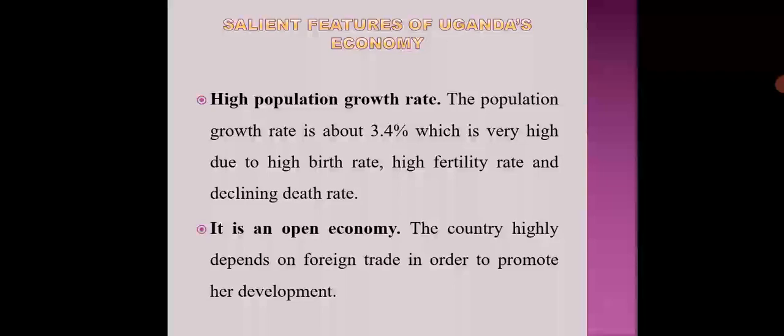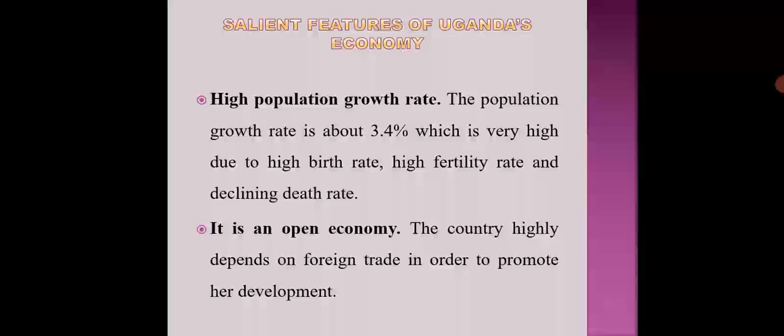We have high population growth rate. The population growth rate is about 3.4%, which is very high due to high birth rate, high fertility rate, and declining death rate. So when you look at Uganda, the death rate is very low, and the fertility rate is high, leading to the high birth rate.